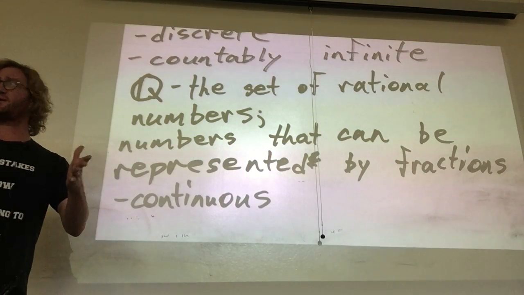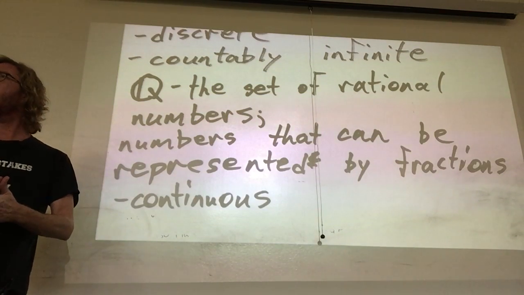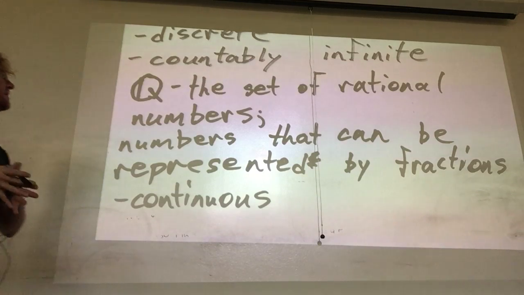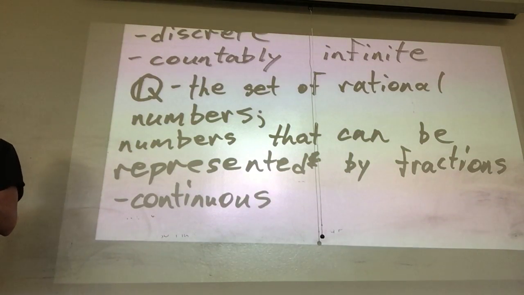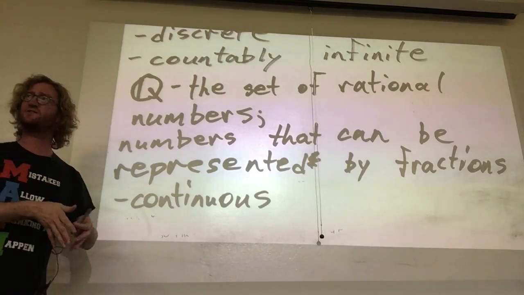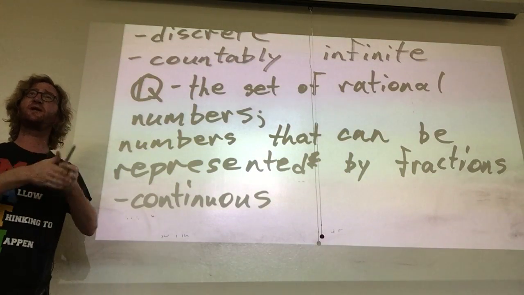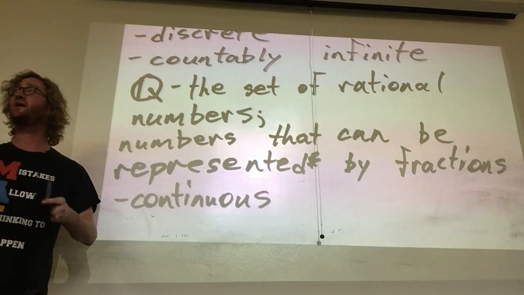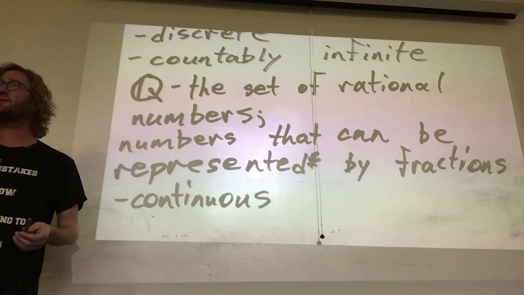That's what makes the set of rational numbers actually continuous, because no matter what, you can always find another fraction in between, so there's not a discrete amount of distance in between any fraction.